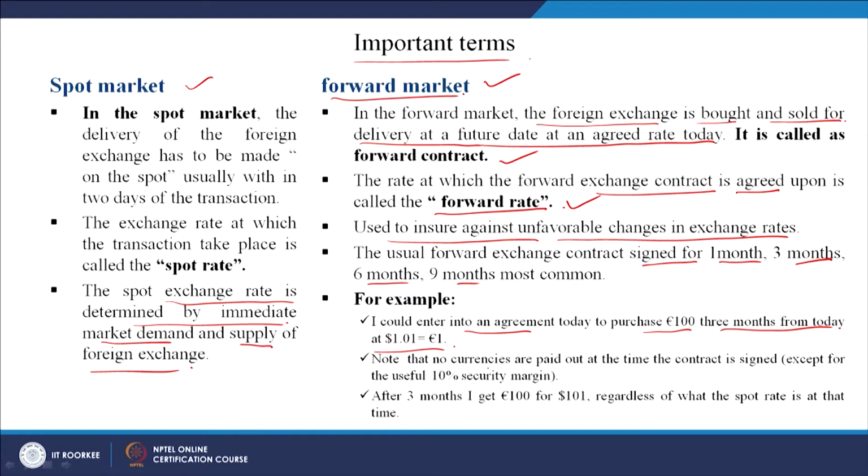Note that no currencies are paid out at the time. Today I am not paying any amount. The contract is signed, except for maybe a 10% security margin. After 3 months I get 100 euros for $101. This is it, regardless of what the spot rate is at that particular time.